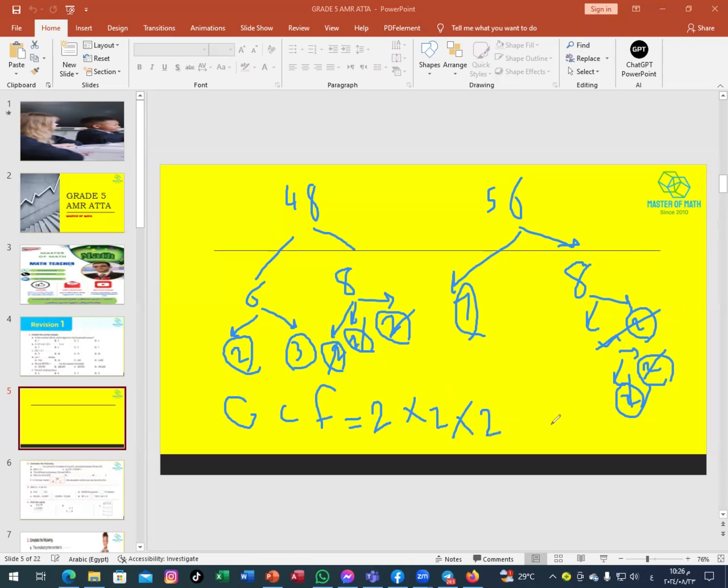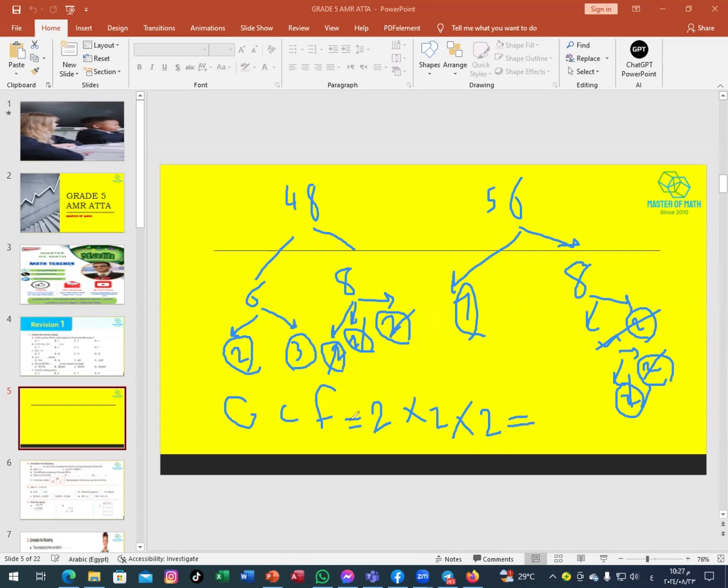You notice we cancel the similar numbers one by one and take, from 2 similar numbers, 1 number. The rest here is 7, but we didn't have any 7 here. And these are 2 and 3, and we didn't have another 2 and 3 here.